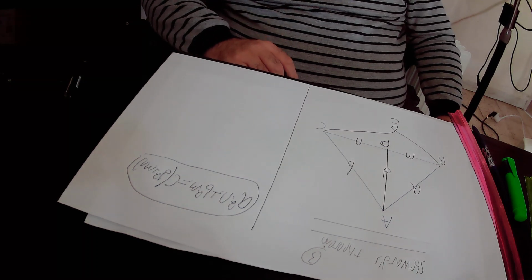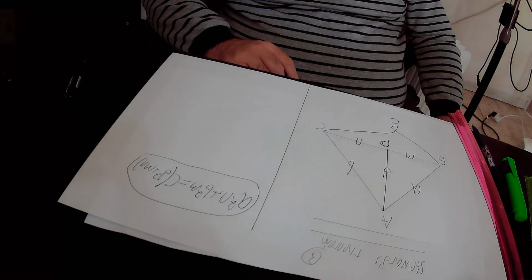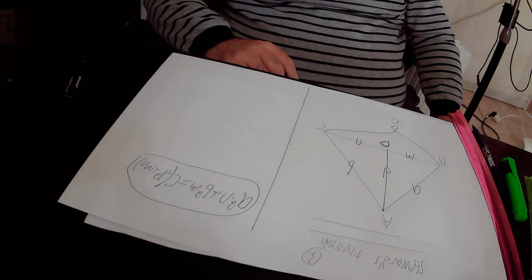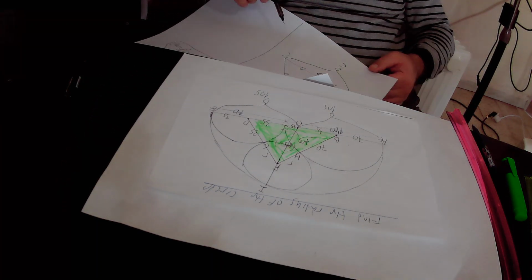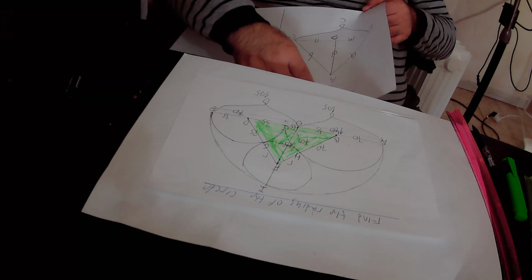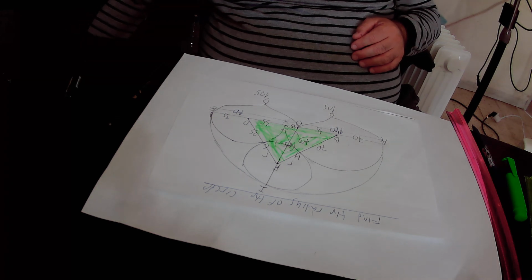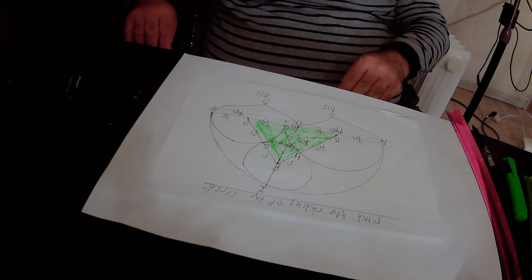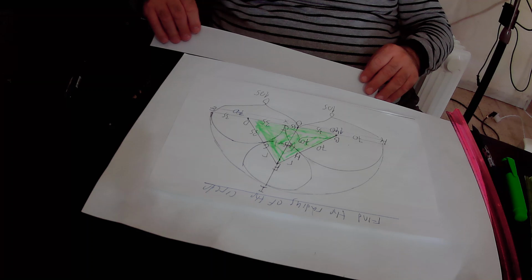Okay, so we can actually implement the new rule in our green triangle FBD. So I'll copy triangle FBD in a new page and we'll implement Stewart's theorem on the green triangle, triangle FBD.